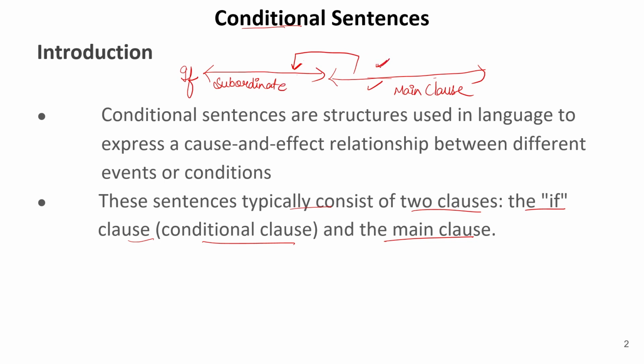Whatever this is, it depends on this one. This will happen only if this happens. So this is the subordinate clause and this is the main clause, the actual sentence. And the condition is this part, which is attached with if.